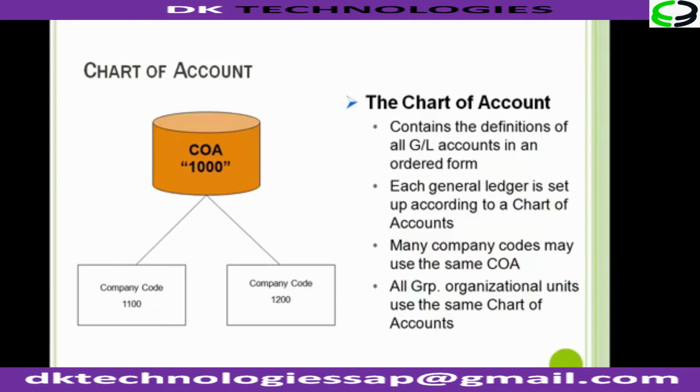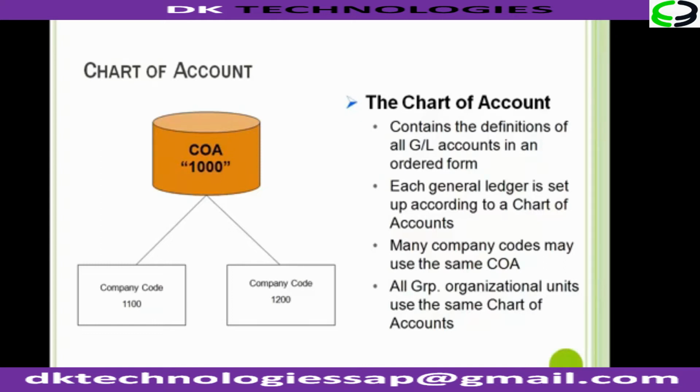All group organizational units use the same chart of account. In simple terms, we can say that chart of account contains the list of all the GL accounts, termed as ledger accounts, that are used by any company or legal entity in the practical world.